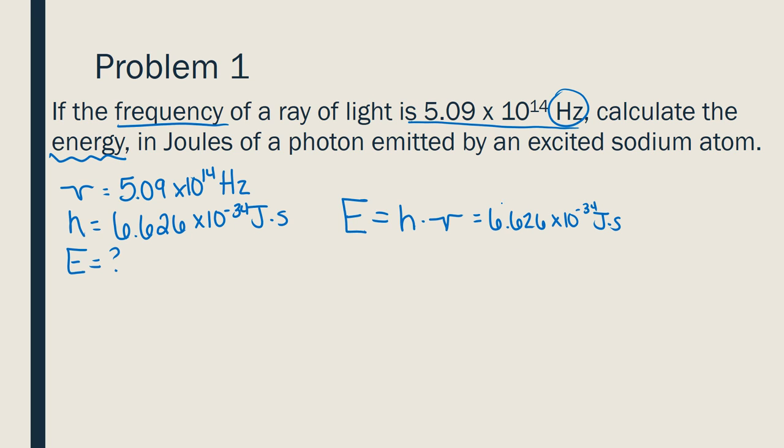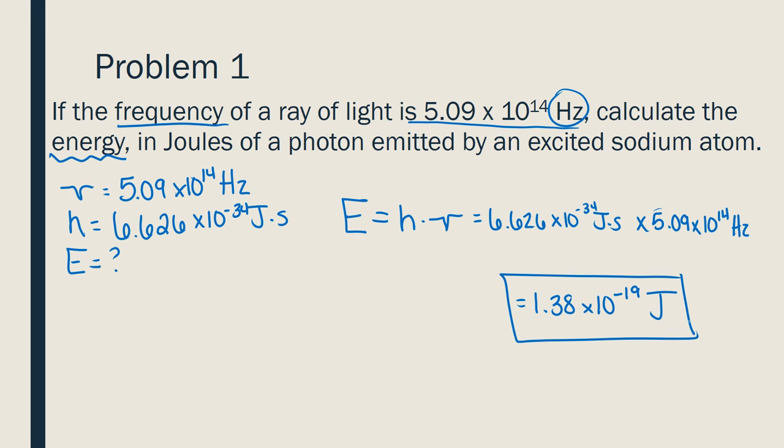Here we have 4 significant figures times 5.09 times 10 to the 14th hertz with 3 significant figures, so we are allowed 3 sig figs in our final answer. When we multiply this, I get 1.38, that's my 3 sig figs, times 10 to the negative 19th joules.